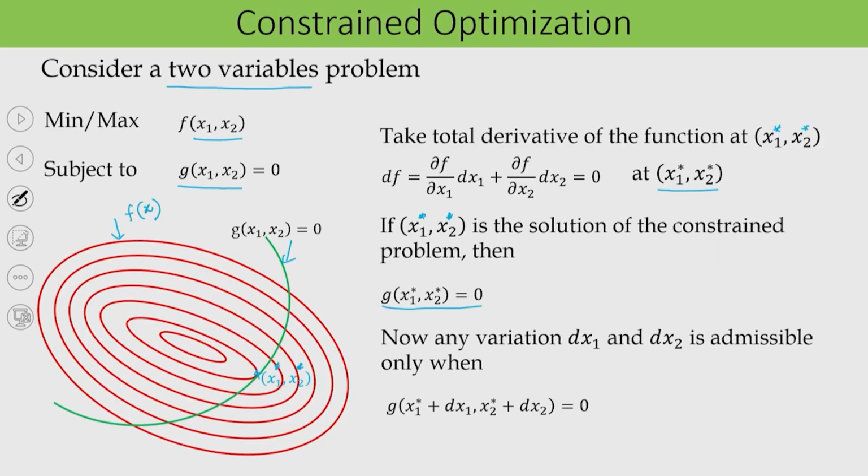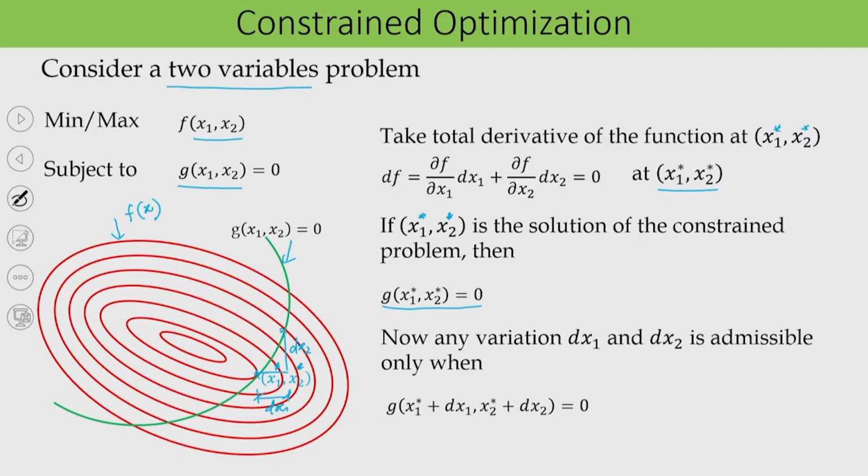Now, if we go for any variation dx1 and dx2, then the variation is admissible only when the new point you are getting also satisfies the constraint. Suppose I go along dx1 and dx2, so this is the new point I am getting.